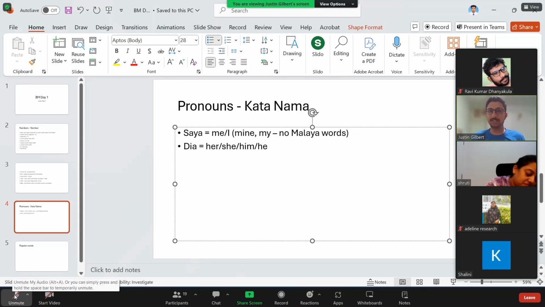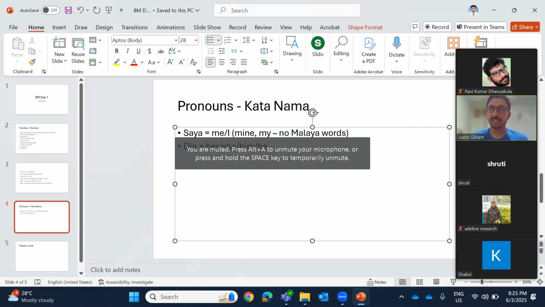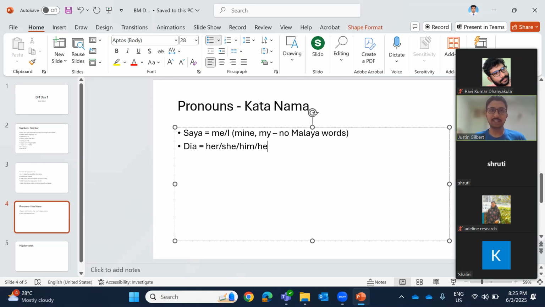So dia is gender independent. Dia Ravi, he is handsome. Dia handsome. We'll find out handsome later. And if I want to say she is beautiful, dia cantik. So I can use dia for these four words.